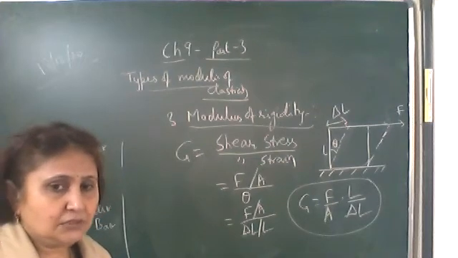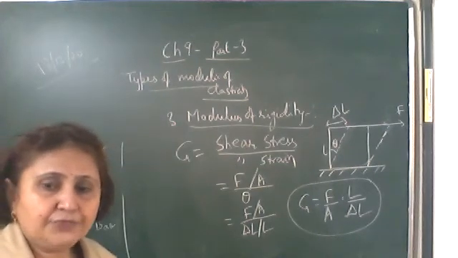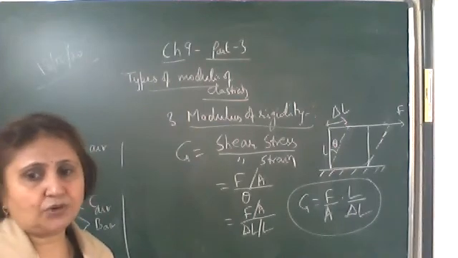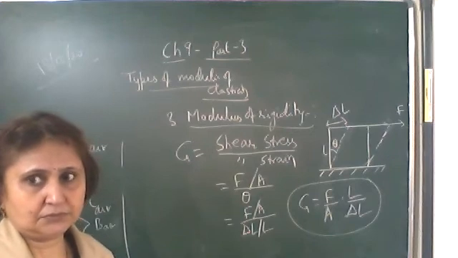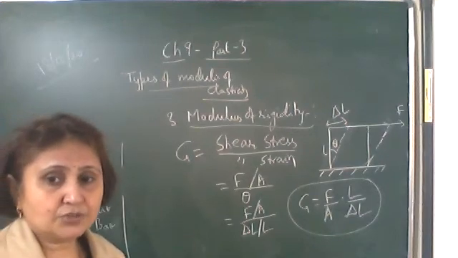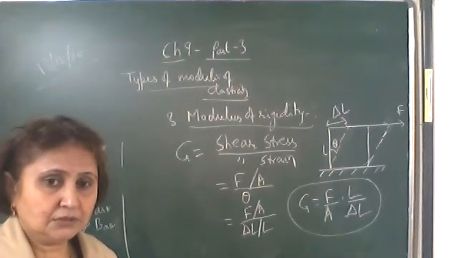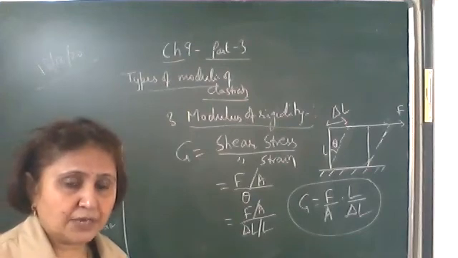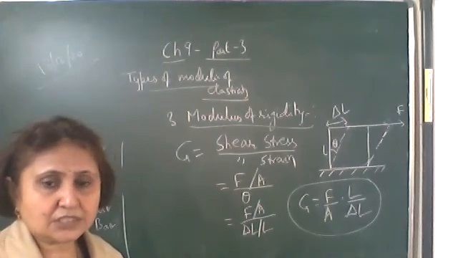So write a question. What is the modulus of rigidity for water? Can you apply tangential force on the water surface? Not possible. So what is the force? 0. Force per unit area is 0, that is, the shear stress is 0, the tangential stress is 0.